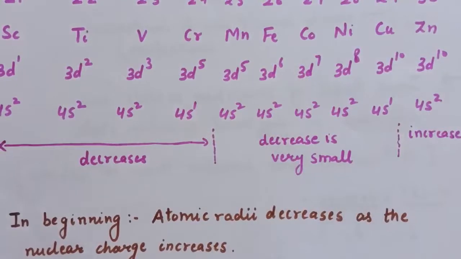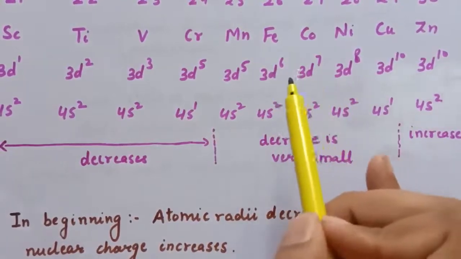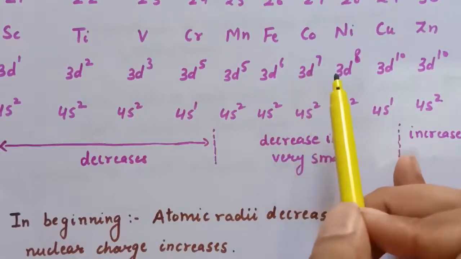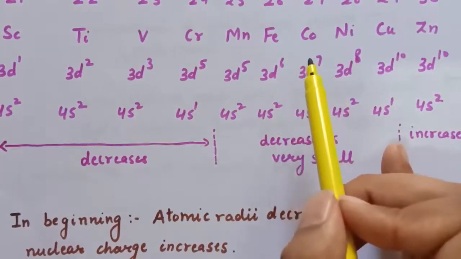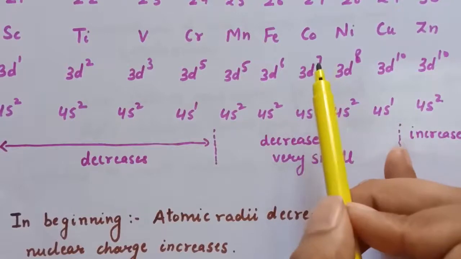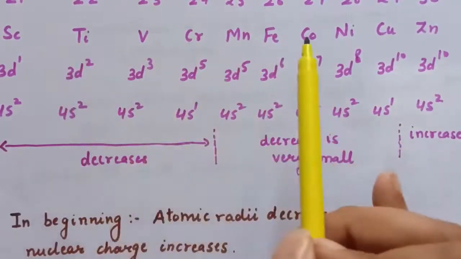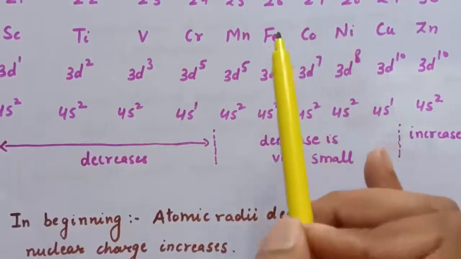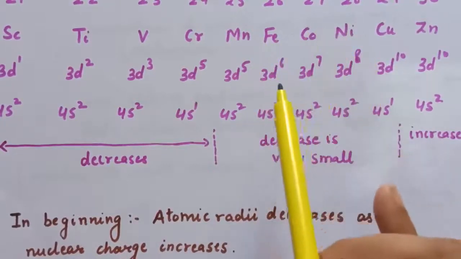Hence, with increase in the d electrons, the screening effect increases, and this counterbalances the increased nuclear charge, because when we move from left to right, nuclear charge increases, but in these elements screening effect also increases.